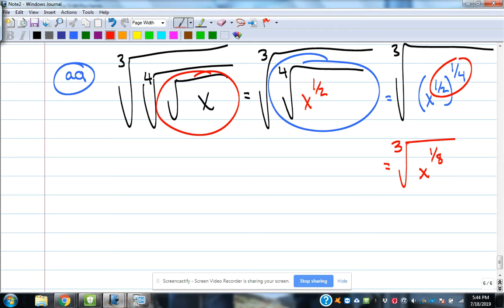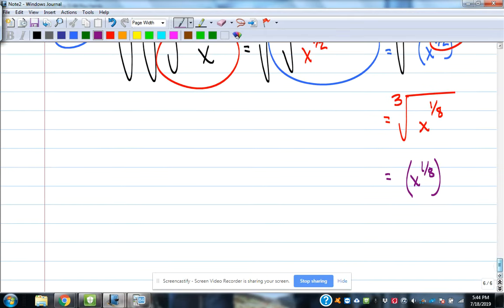I've got to do the next step too, so just simplifying as I go here. And then from there, I'm going to take the x to the 1/8 and raise it to what power? 1 over 3. Yeah, 1/3. And then multiply that out, and I'm done finally. 1 times 1 is 1, 3 times 8 is 24.